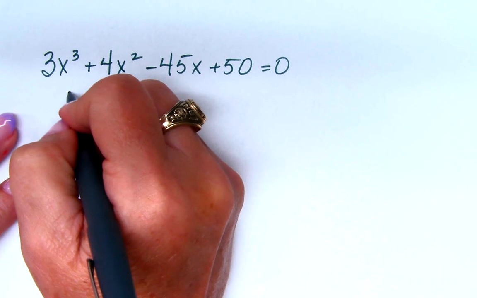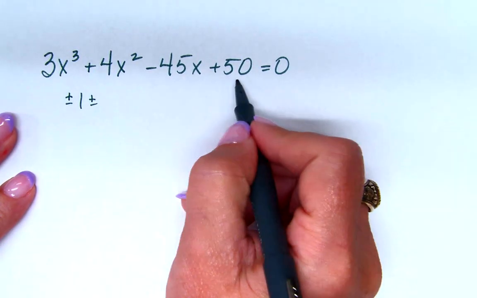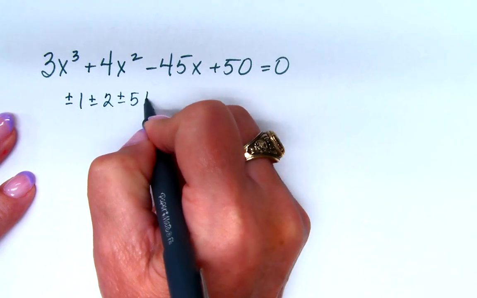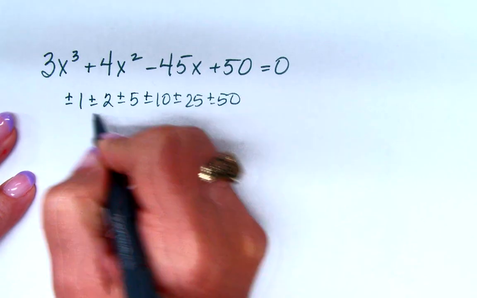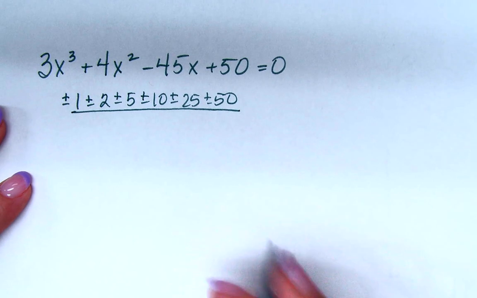What are all the possible solutions? 1, 2, 5, 10, 25, 50. Okay, so far? All divided by what?